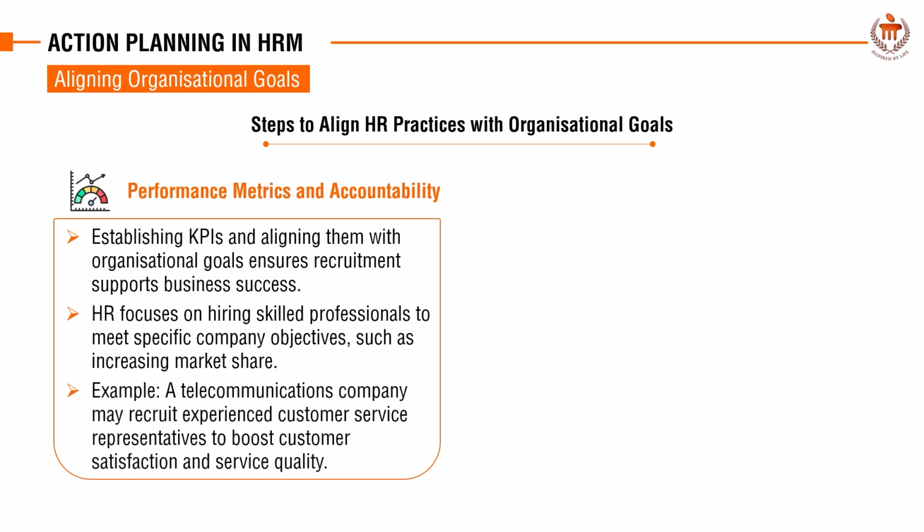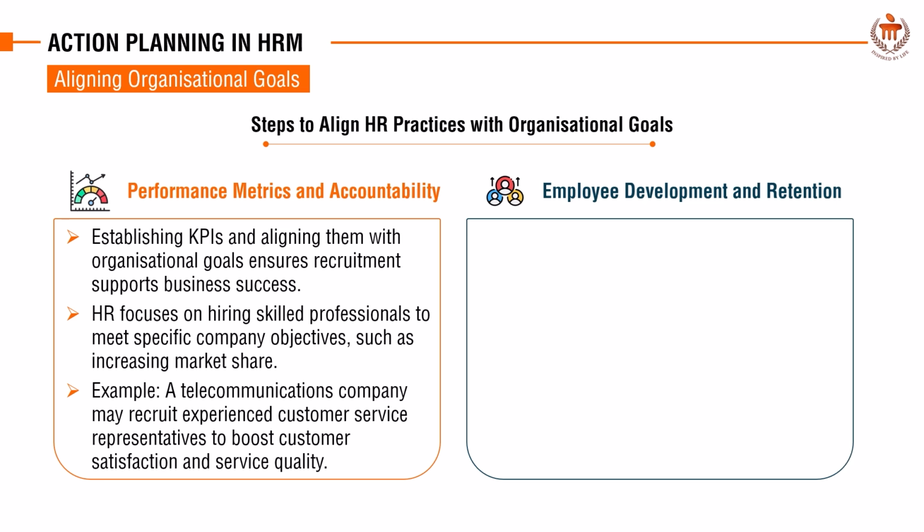Example: a telecommunications company aiming to increase customer satisfaction might align its recruitment strategy by hiring experienced customer service representatives, which can improve overall service quality, employee development, and retention.